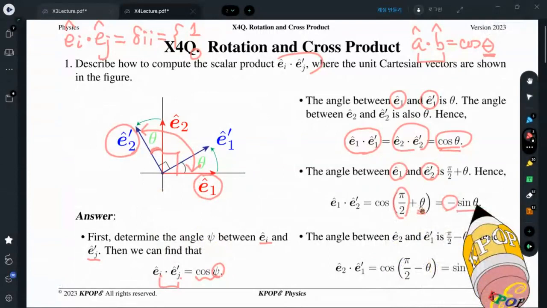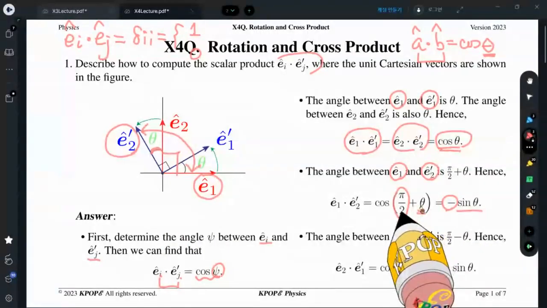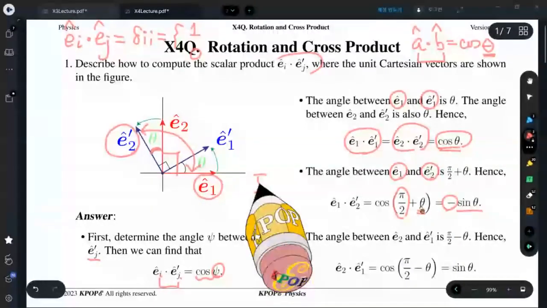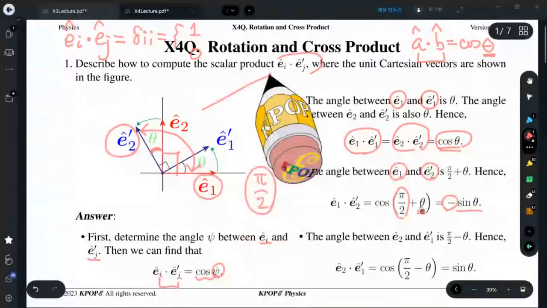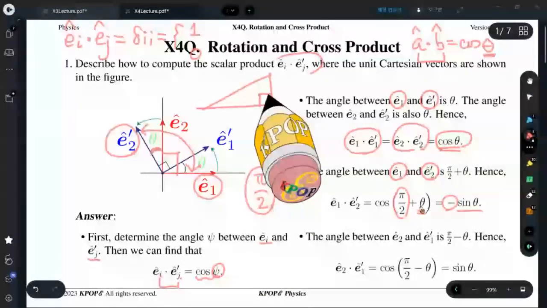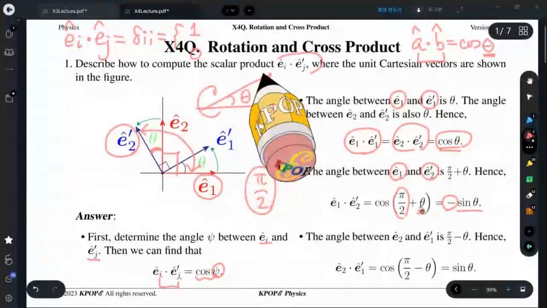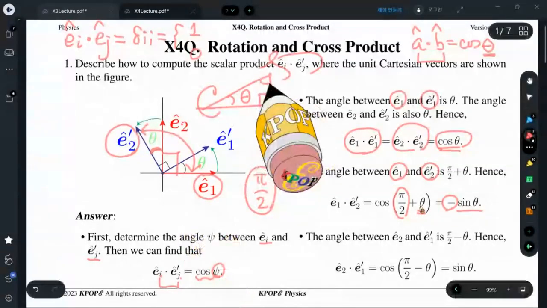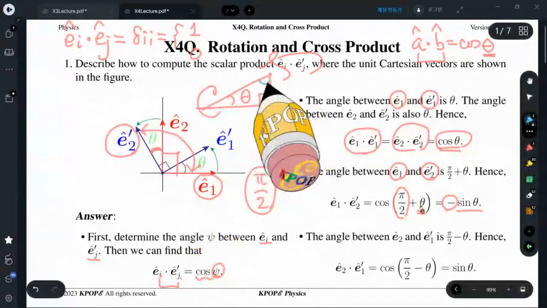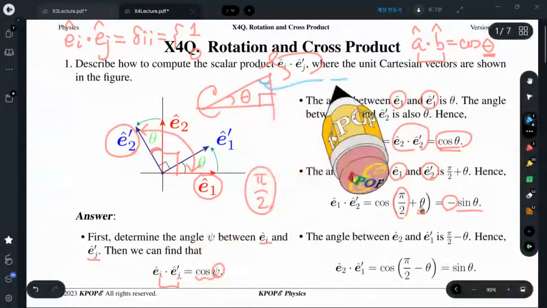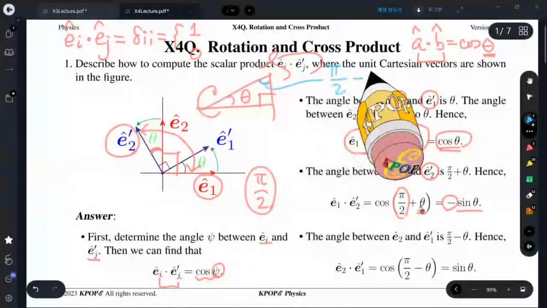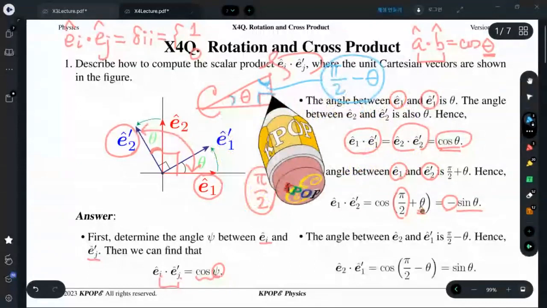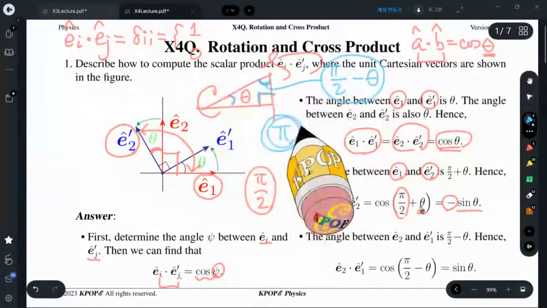So a simple way to remember is if there is a half a pi, then you remember a right triangle. You have theta here. This is cosine and this is sine. If you look for the angle in here, it is a half of pi minus the theta, because the sum of all three angles is pi in any triangle.